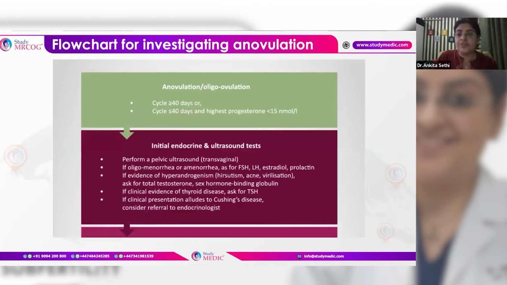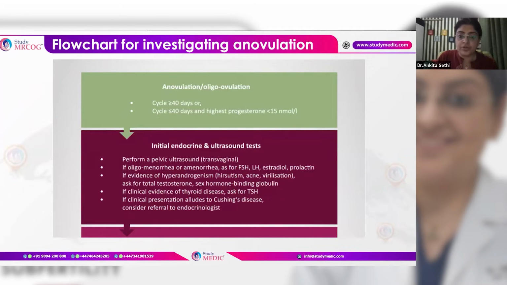So, a flowchart for investigating anovulation. According to the strategy in the RCOG, anovulation is a cycle of more than or equal to 40 days or less than or equal to 40 days, with the highest progesterone less than 15 nanomole per liter. The initial endocrine and ultrasound tests that need to be done: we need to perform a pelvic ultrasound, transvaginal.